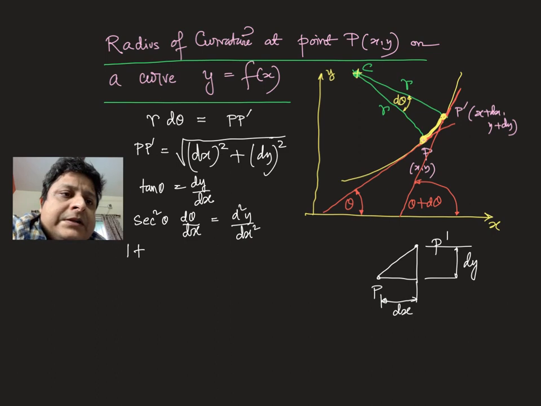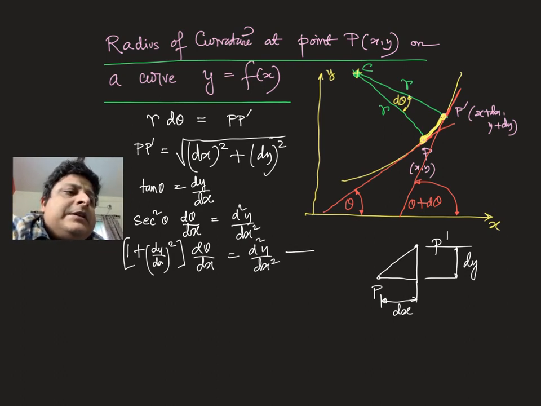So 1 plus tan square theta, and tan square theta I can write as (dy/dx) square, times d theta by dx equals d2y by dx2. Let's keep it aside as equation 1.